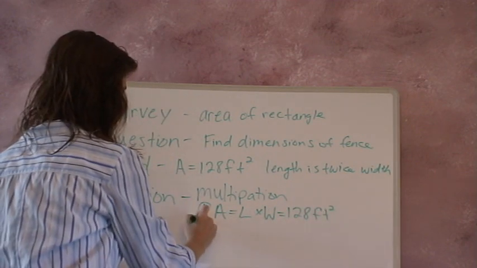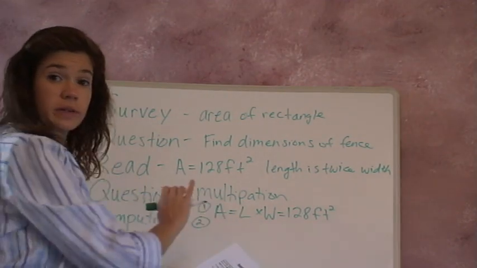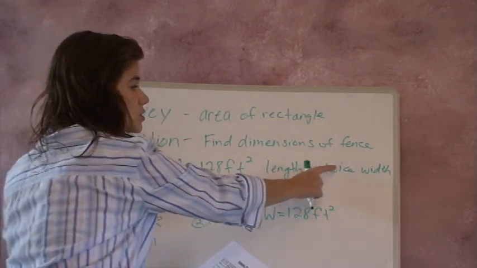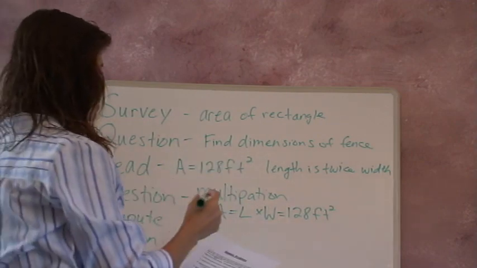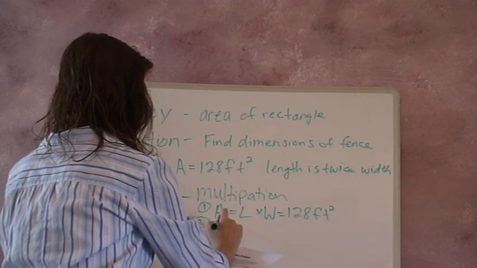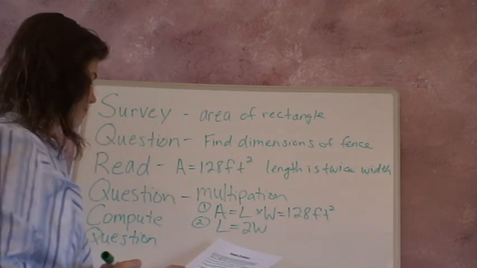And for our second equation, since we have two variables, we need two equations to solve. We know that the length is twice the width. We got that from when we read and sorted out the specific information. So I know that the length equals 2w, twice the width.